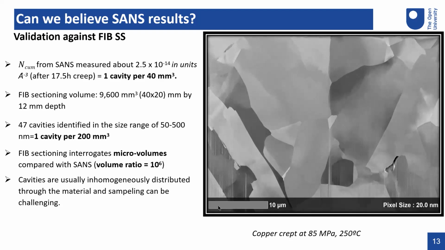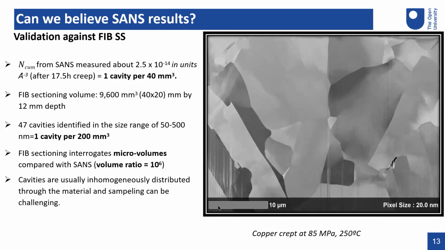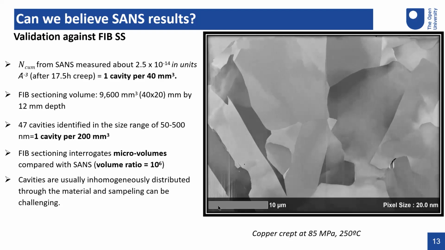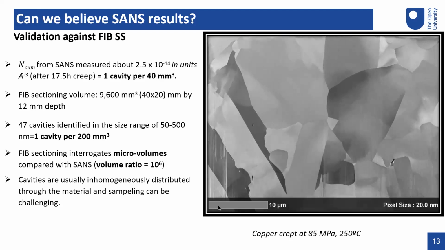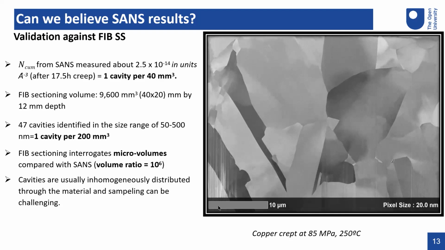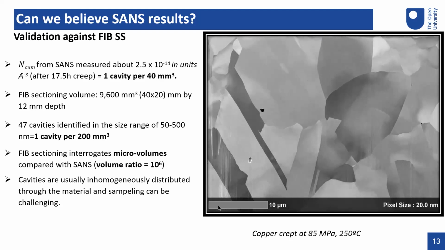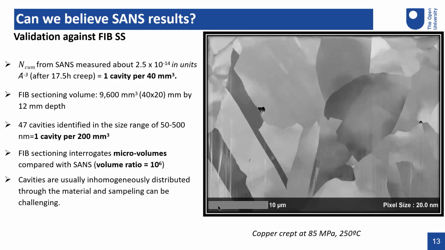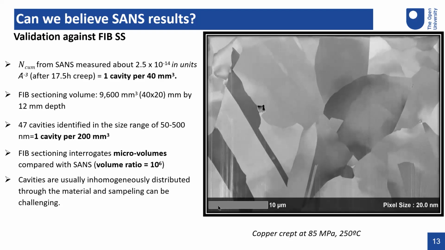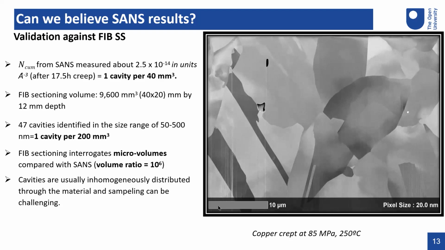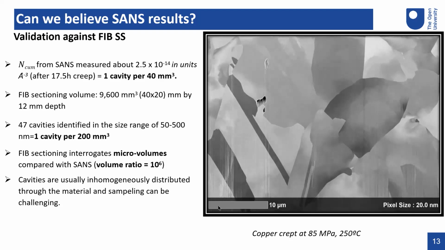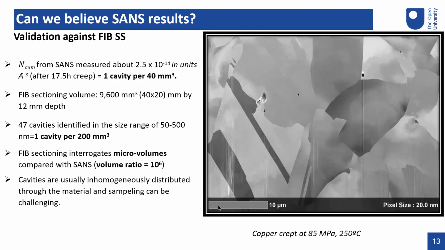I'll let it run. In this specific sample, we spotted about 47 cavities in the area which we sectioned, which is about 1 cavity per 200, and that should be 200 micrometer cube, not millimeter cube. Sorry for that.